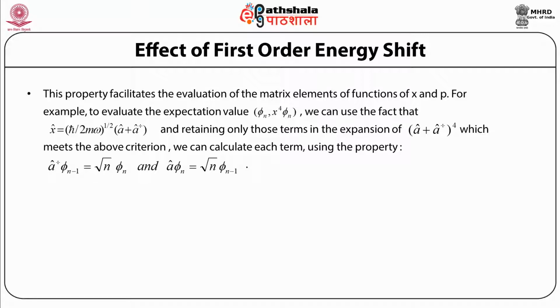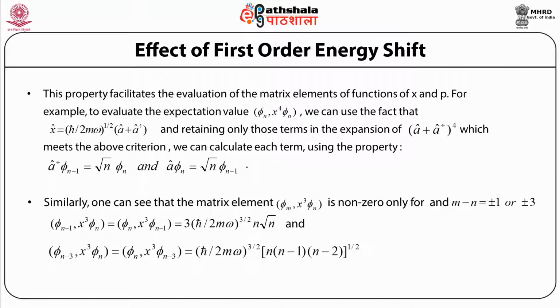We can calculate each term using the property a† φ_(n-1) equals square root of n φ_n, and a φ_n equals square root of n φ_(n-1). We thus get the result given above in 28.16.